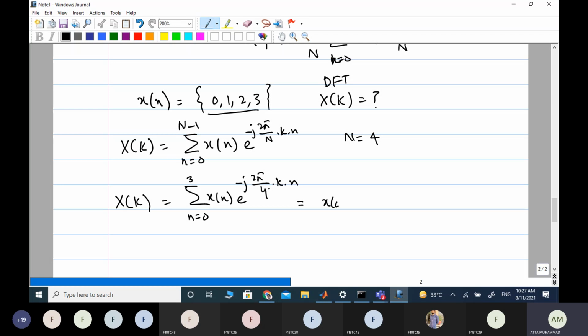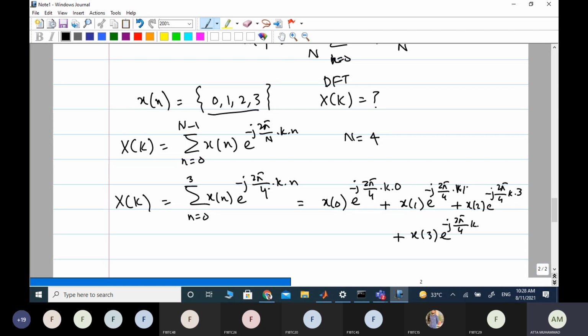Initially n is 0, so x of 0 e to the power minus j 2 pi by 4 times k times 0, plus x of 1 e to the power minus j 2 pi by 4 times k times 1, plus x of 2 e to the power minus j 2 pi by 4 times k times 2, plus x of 3 e to the power minus j 2 pi by 4 times k times 3.